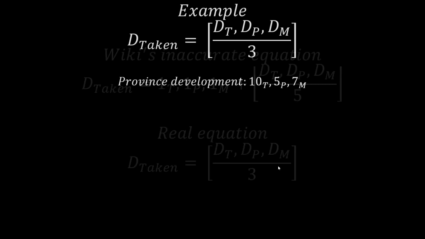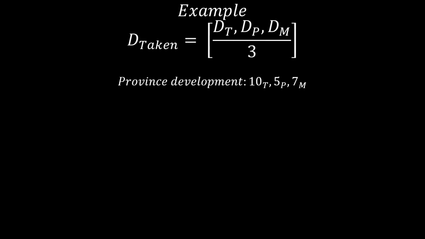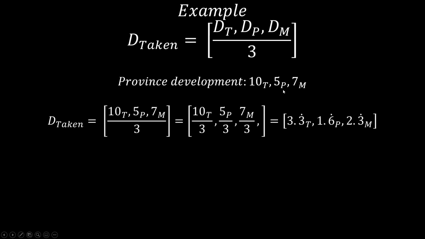And if I put this into an example, that's probably the best way to understand it. So we have a province with 10 tax, 5 production, and 7 manpower. If we put this into the equation, we see this is just a simplification here, and a further simplification. We have 3.3 tax, 1.6 production, and 2.3 manpower.